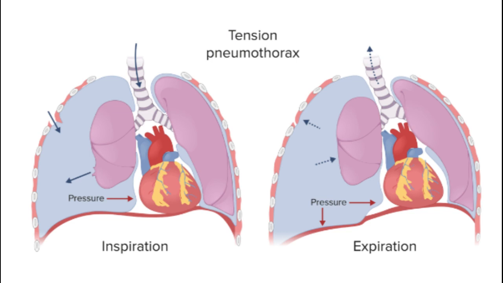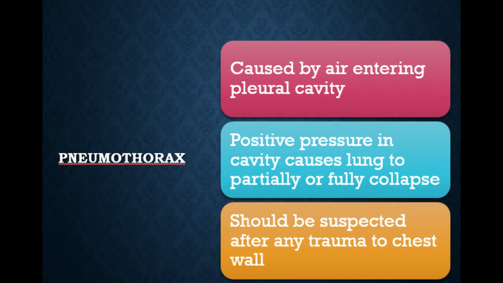All right. So every time that patient breathes in, additional air accumulates in the pleural space. And that's going to create an increase in intrathoracic pressure. That extra pressure is going to lead to the lung collapsing. So anytime you hear of a pneumothorax, the lung has literally collapsed.